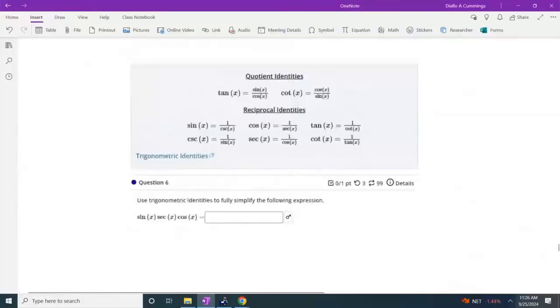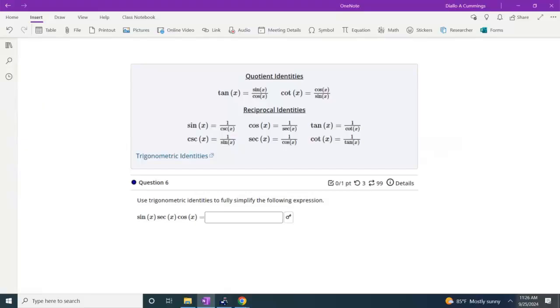Okay, and that's the reason we use trig identities, simply to simplify trig expressions. To simplify trig expressions means to condense your trig function as simple as possible, or using as few trig functions as possible. So here is problem number 6. It says use trigonometric identities to fully simplify the expression.